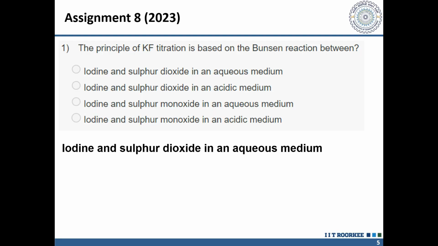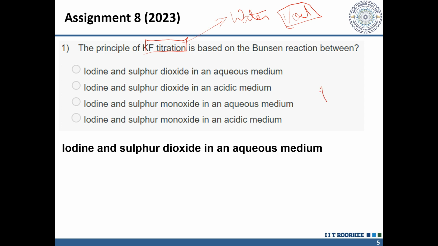The principle of KF titration is based on the Bunsen reaction between. So KF titration is a method which we use to determine the presence of water inside oil. If a biodiesel has any amount of water, KF titration is the most used method industrially.